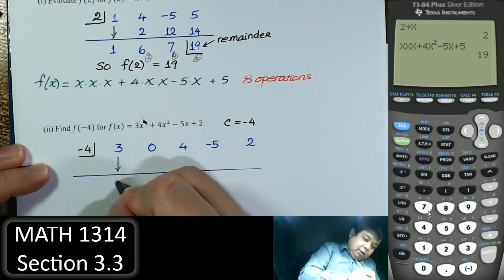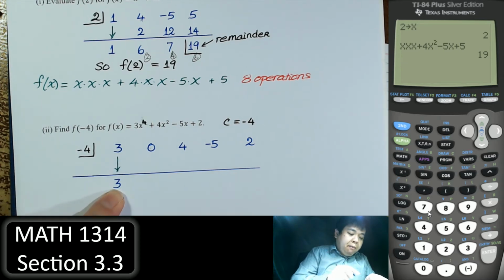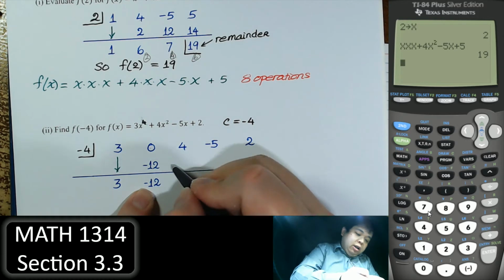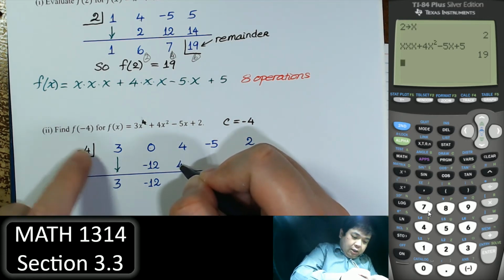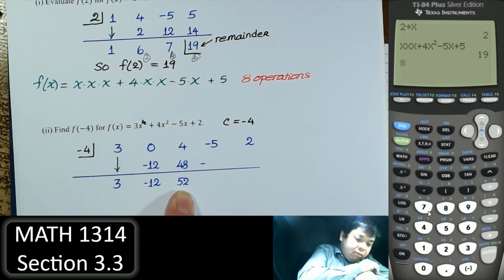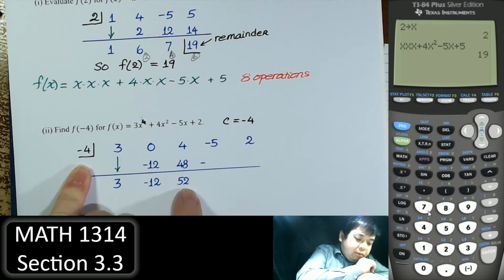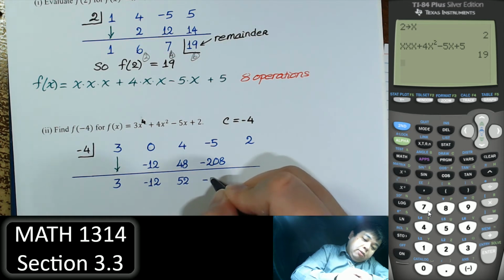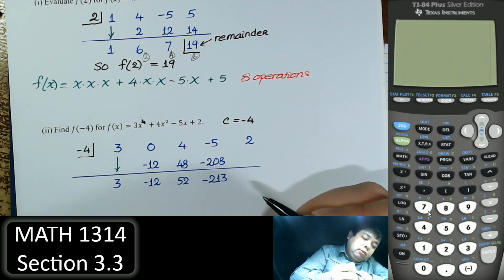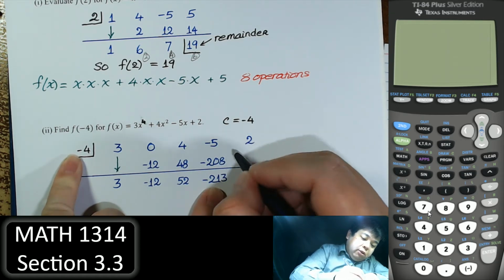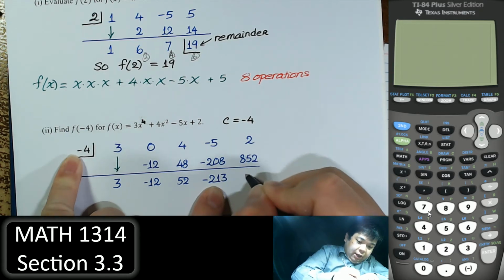Write out the first number, multiply, put in the next column and add, multiply, put in the next column and add, and multiply, that's negative 208, and add negative 213, and multiply, put in the next column, so that 852, and that 854.